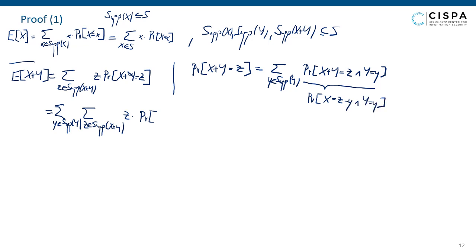Okay, now that we're here, let's write this here: X equals z minus lowercase y and Y equals y.